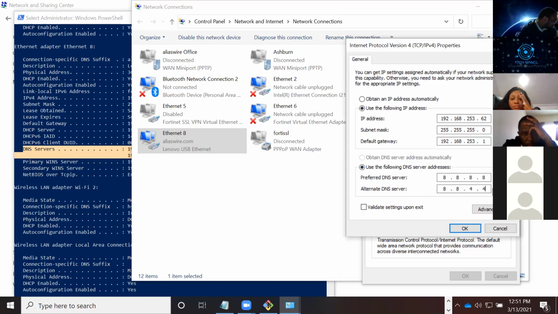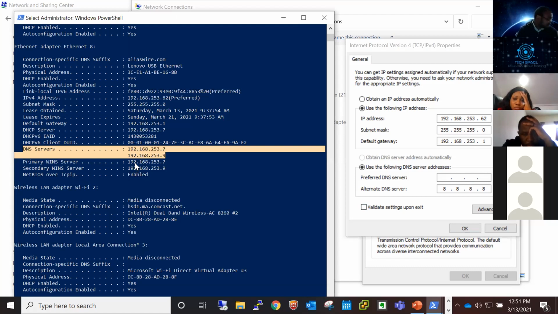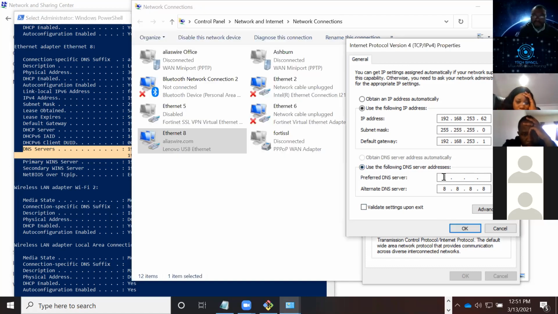The other thing that you can do, you may say, I want to use Google just in case mine is down. So for the first line right here, I say I want to use mine to resolve. Mine is 192.168.253.7. That's my DNS server. So I'm going to explain why I'm doing this.